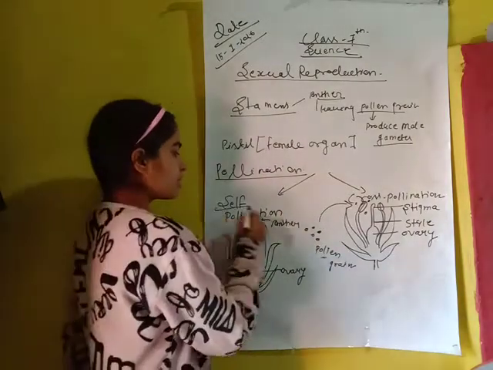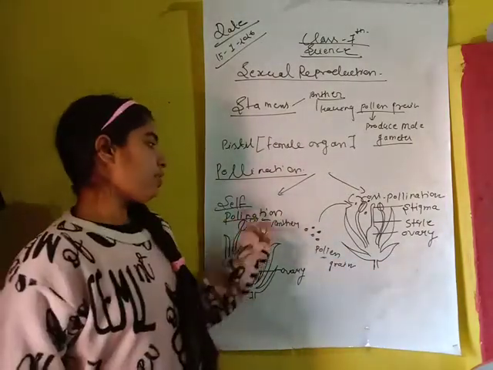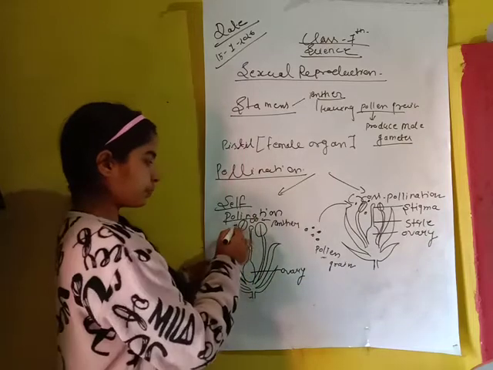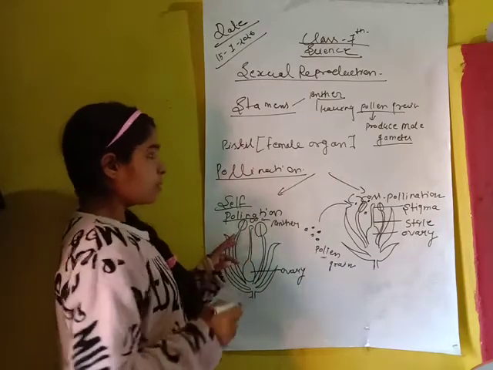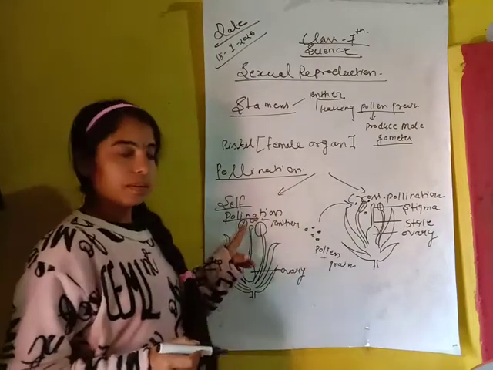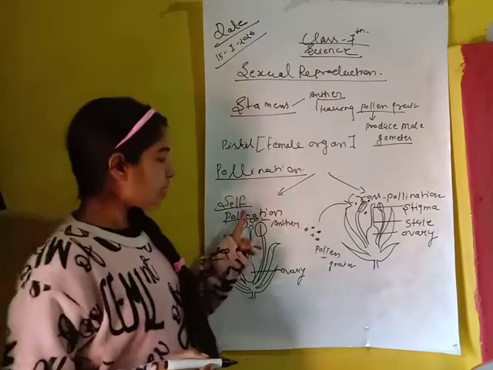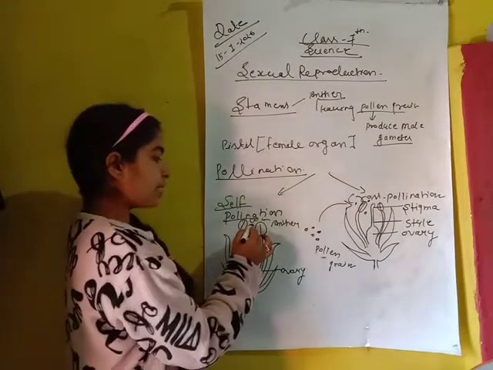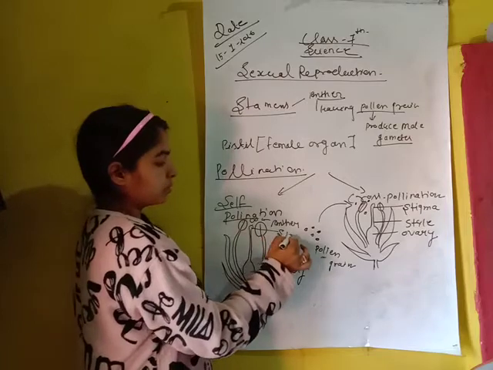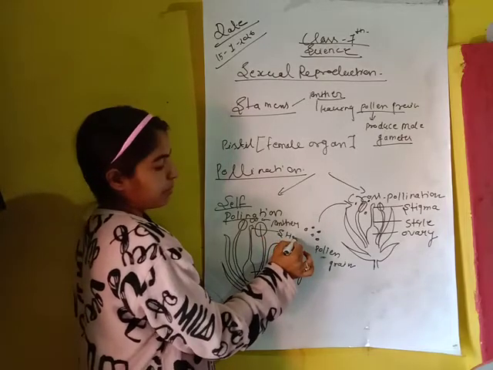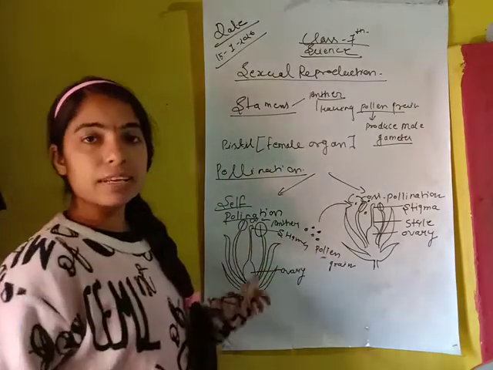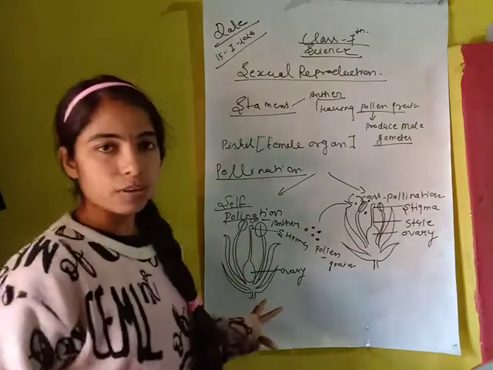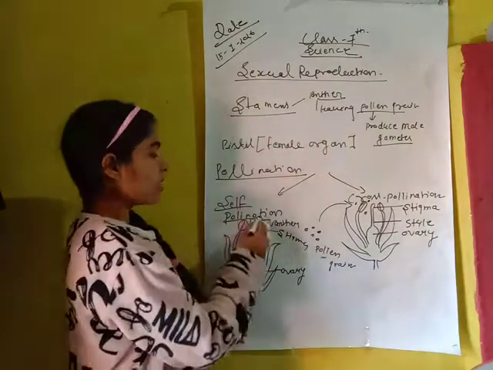The first one is self pollination. What is self pollination? When the pollen grain from the anther is transferred to the stigma of a flower in the same plant, the same flower, this is known as self pollination.